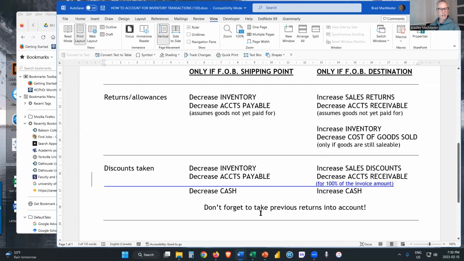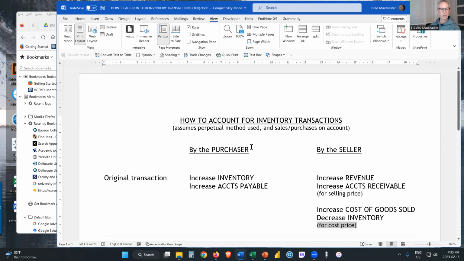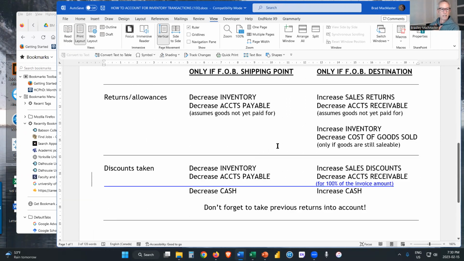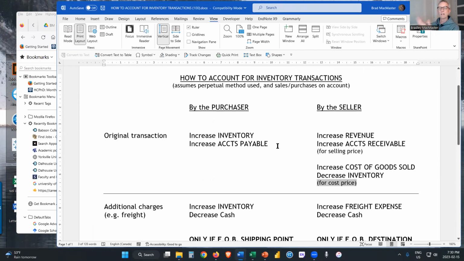All right, and then discounts relates to how much gets paid when the invoice is settled. So if we are the purchaser of goods and we originally ordered the goods at a certain price, let's say we bought 2 pairs of jeans for $60, and we have a liability to pay them for $60. And we're supposed to pay them within 30 days, but we can take a 2% discount if we pay them within 10, right?